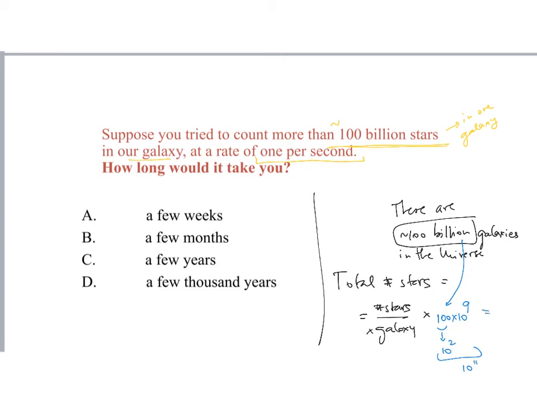All right, so what do we get? What's again the number of stars in one galaxy? This is 100 billion, we just calculated here. It's 10 to the 11. So what do we have here? 10 to the 11 times 10 to the 11. So this is the total number of stars, which can be written as 10 to the 11 plus 11, 10 to the 22 stars. You see again the usefulness of using the powers of 10.